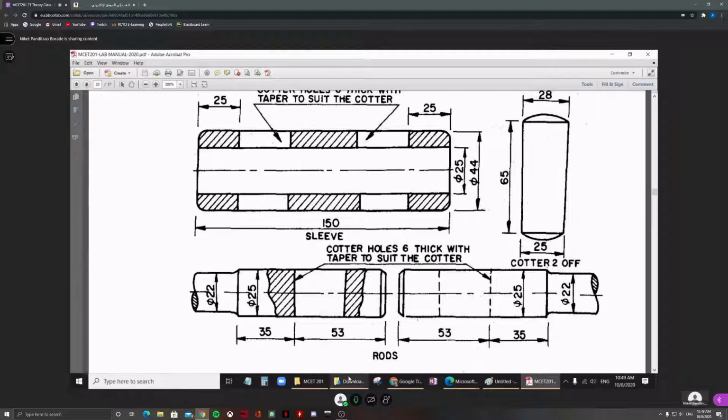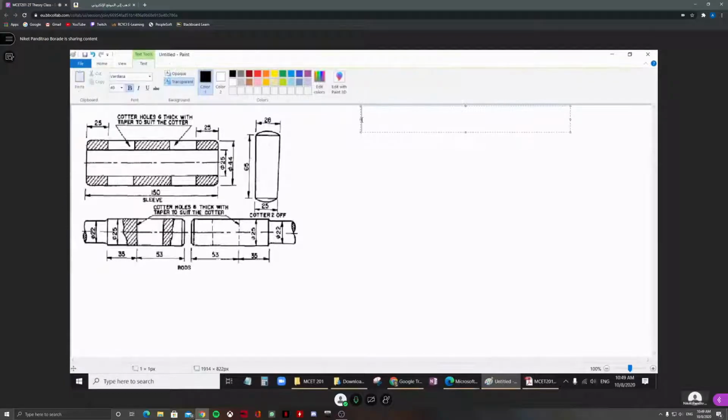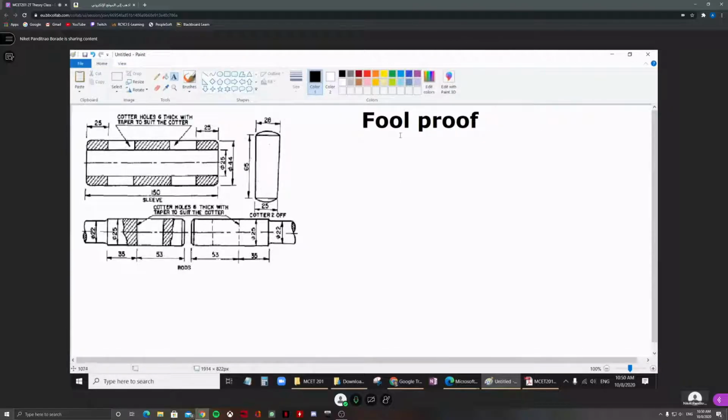Also, there is something called foolproofing. When they design the parts, they make it foolproof for assembly. What is foolproof? What is the meaning of the word foolproof? You know the meaning of the word fool?